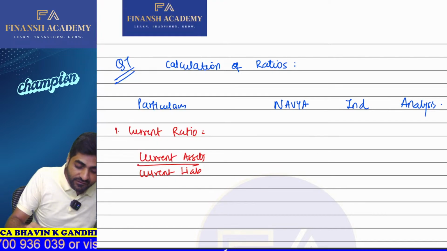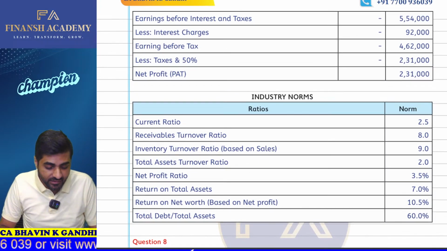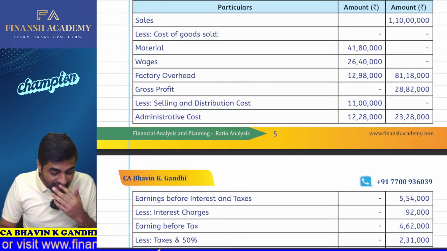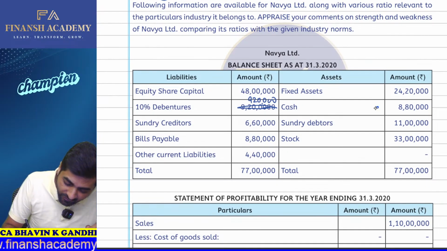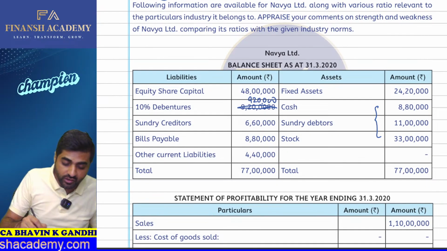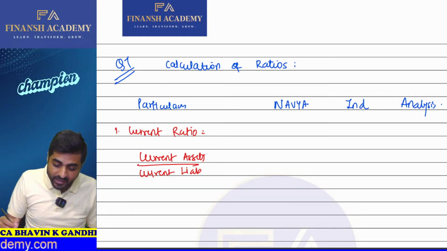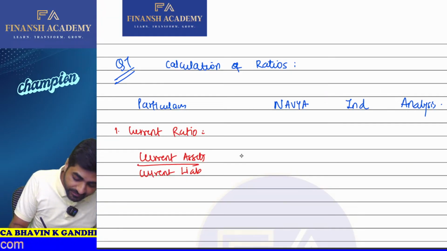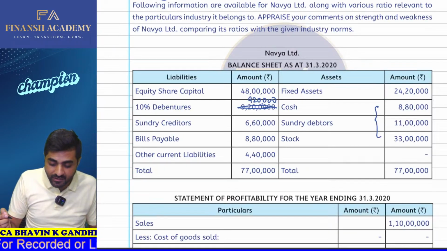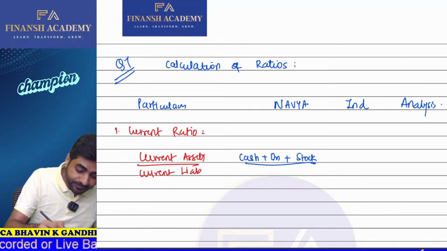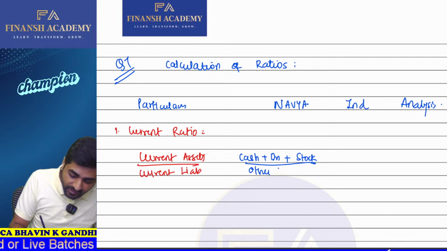So do you have Navya Limited current assets? Yes, sir, we do have current assets. Current assets will be the combination of cash, debtors, and stock, right? So we'll be taking into consideration cash plus debtors plus stock, and then we'll be dividing that by the current liabilities. Okay. So this will be other current liabilities.